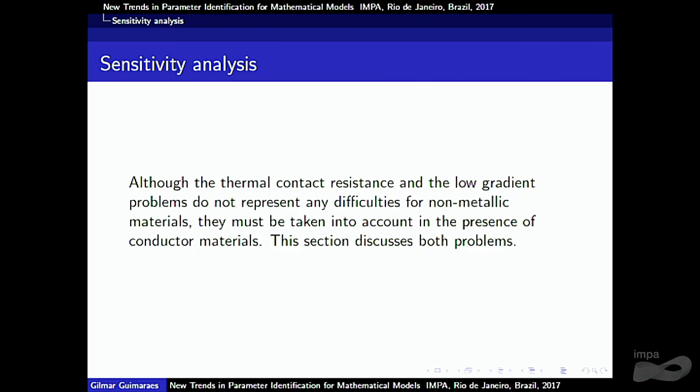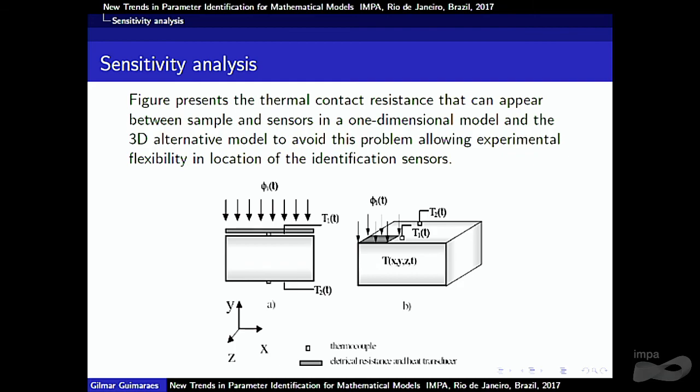Some difficulties that we can solve with these techniques can be shown in this figure. For example, if you are working with conductor material, you can have a contact resistance problem.